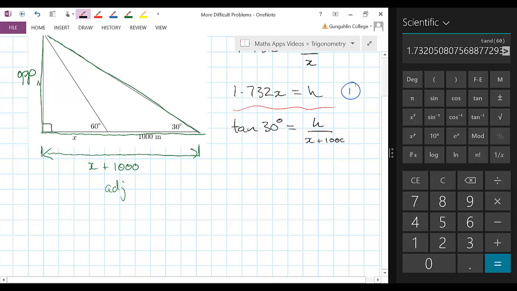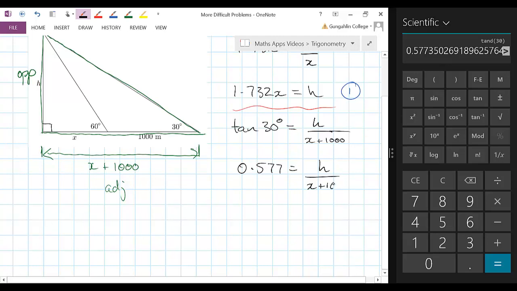Again, let's work out what that number is. This time we're working 30 and finding tan of that number. Okay, I get 0.577. Again, we'll go to 3 decimals. It's pretty good. h on x plus 1000.